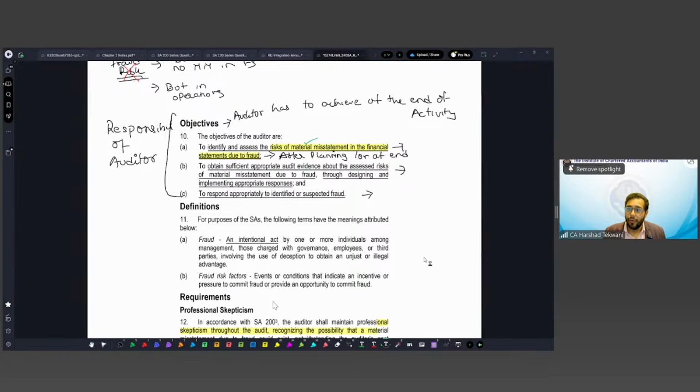The questions we are going to take are different from the questions in the study material, so you have to practice the questions there for SA 240. Read the chapter for today's lecture, and for the next lecture on Wednesday, complete the practice of SA 240. And in the next session, ask your doubts if you have any. That is what is expected from you guys.